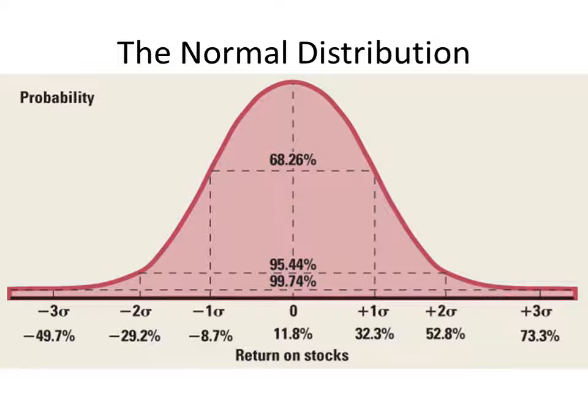Now, what if I ask you what percentage of the world's population has an IQ greater than 145? Well, let's figure that out. Between minus 3 standard deviations and plus 3 standard deviations is 99.74%. Now what that means is there is 0.26% in the tails.